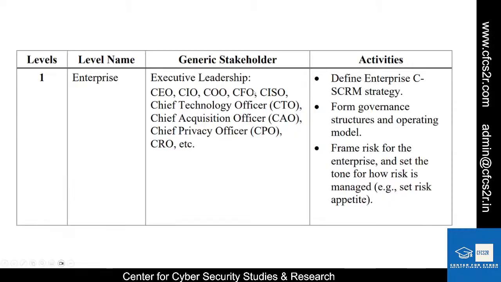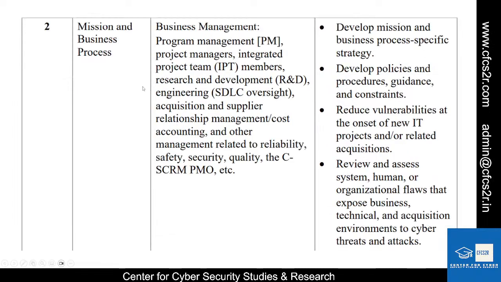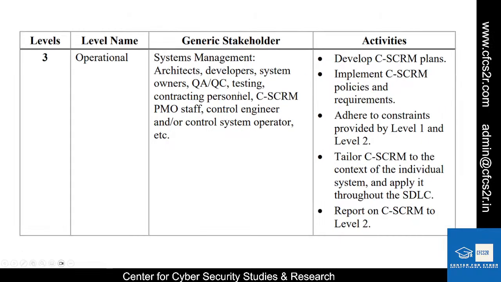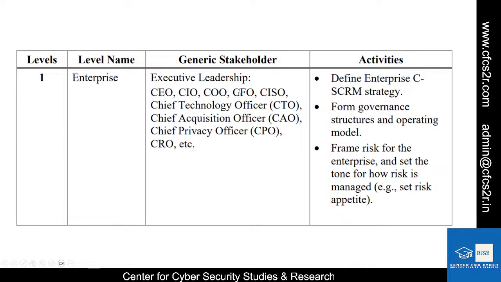Let's move directly to this very important slide, in which we will be talking about the 3 different levels: level 1, level 2, and level 3. At level 1, we have enterprises. So who can be the generic stakeholders? Level 1 broadly focuses on executive leadership, whether it is the CEO, CIO, CFO, CISO, or CTO.